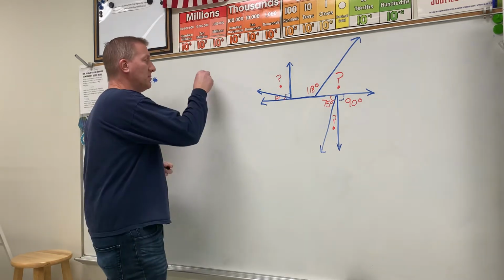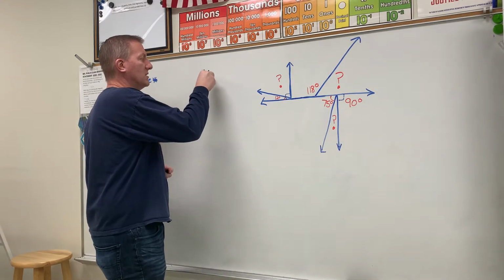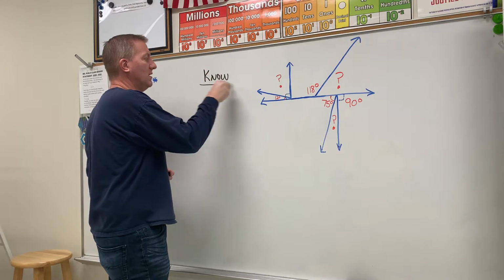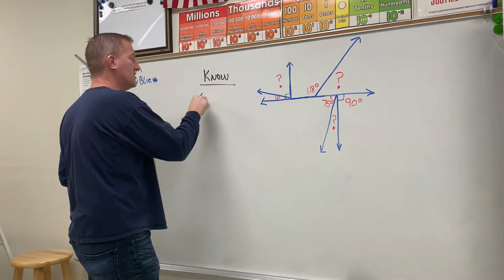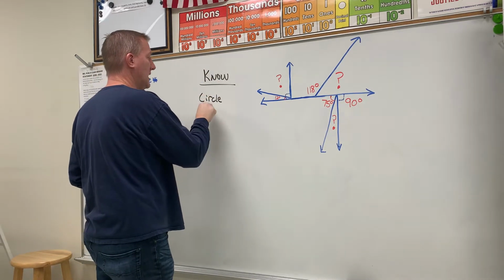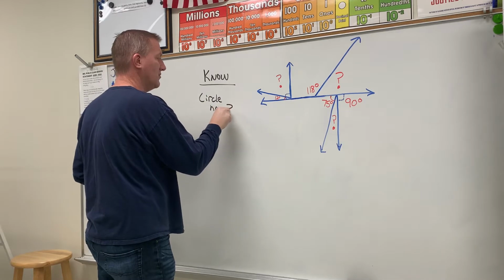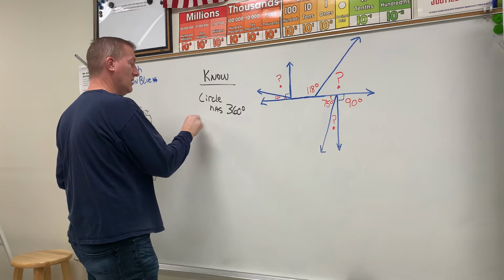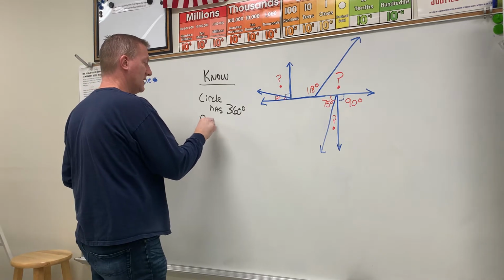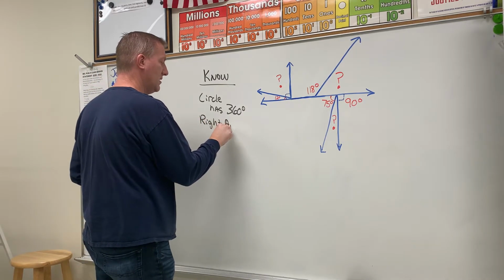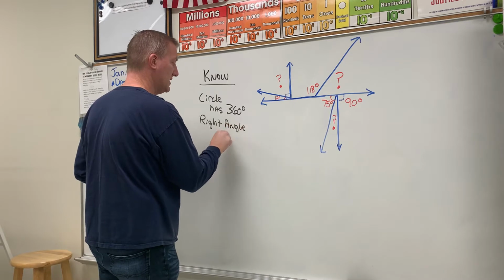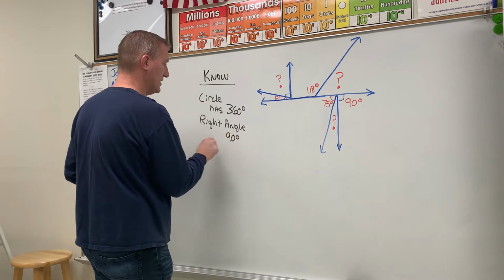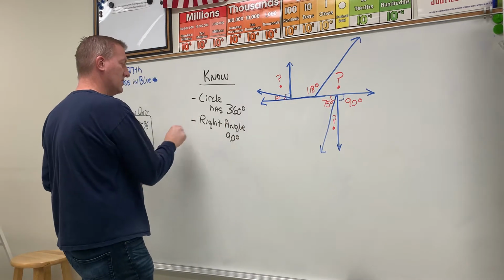So a couple things we know. So what do we know? Well, we know a circle has 360 degrees. We know a right angle is how many degrees? 90 degrees. Okay, so there's two things.